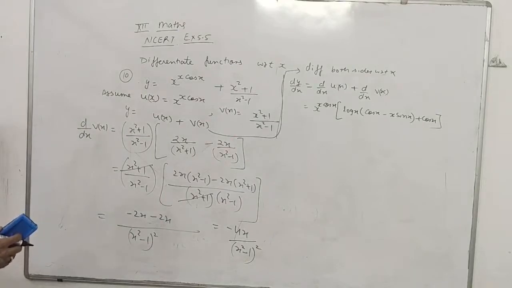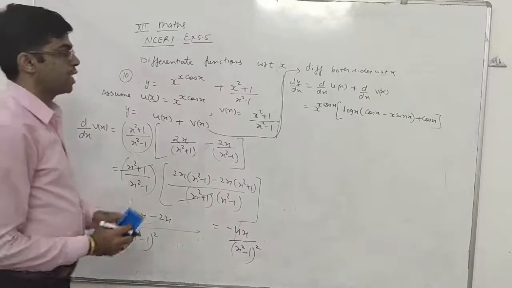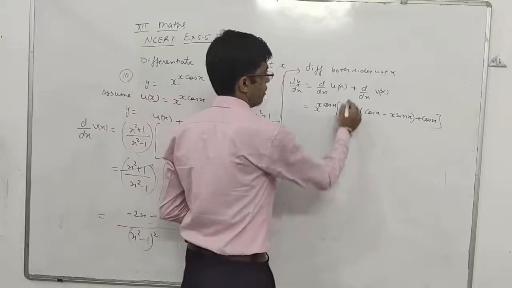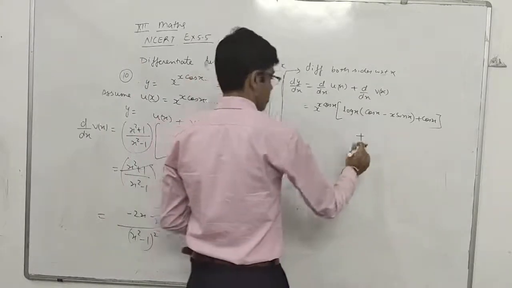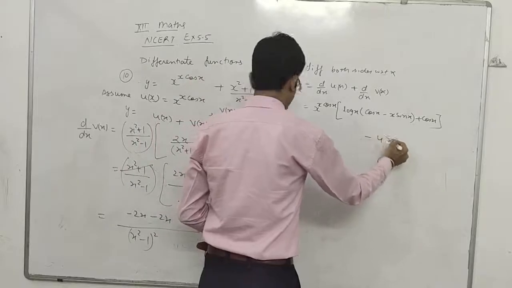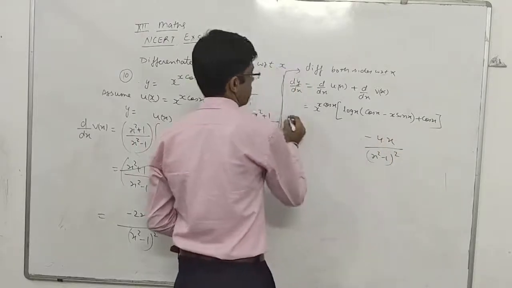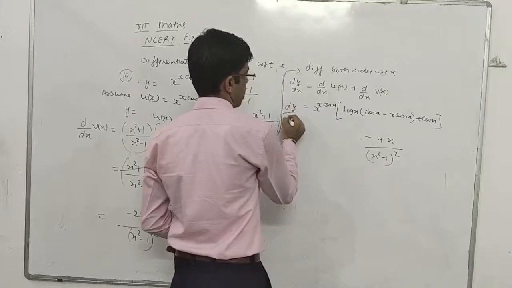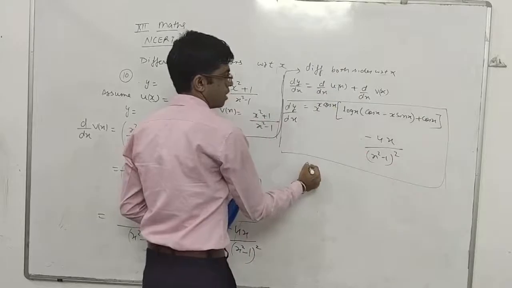So this is the differentiation of v(x) function. So finally in the answer we can write d by dx of v(x) is minus 4x upon (x square minus 1) whole square. So this is dy by dx. This is the answer.